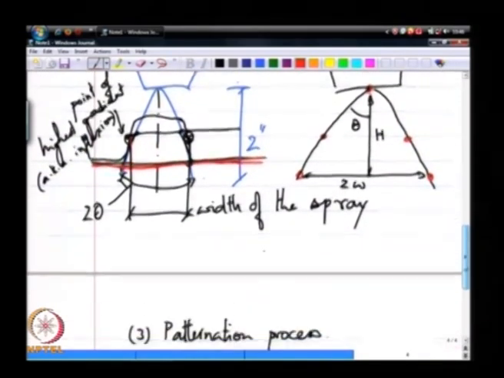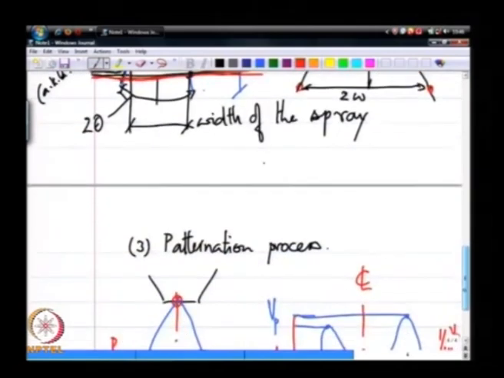Okay, so that brings us to the second spray characteristic. The first spray characteristic is this cone angle, so spray cone angle and liquid cone angle, and the next spray characteristic is what we call spray pattern.